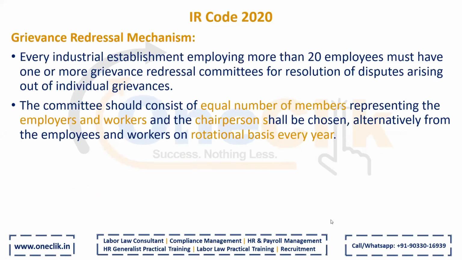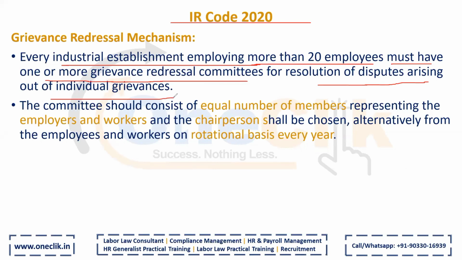And last, as per the IR Code, 2020, every establishment employing more than 20 employees must have one or more grievance redressal committees for the resolution of disputes arising out of grievances. जिस कंपनी में 20 से ज्यादा एम्प्लॉइज है वहां पे एक कमिटी होना चाहिए. They will solve the issues of the employees, vice versa. कमिटी में कितने मेंबर होने चाहिए?